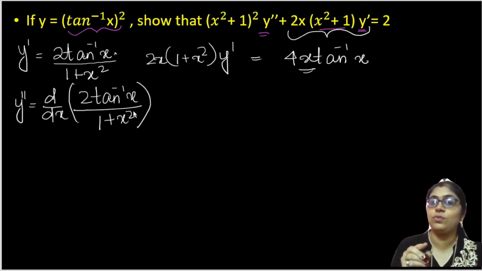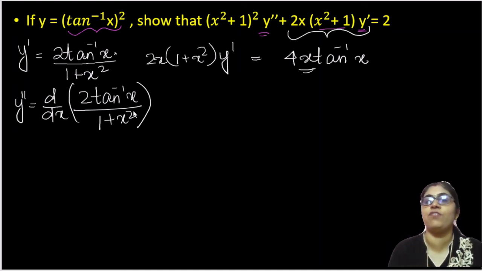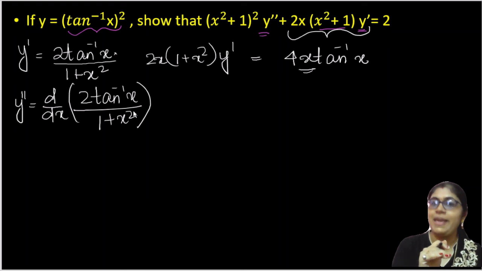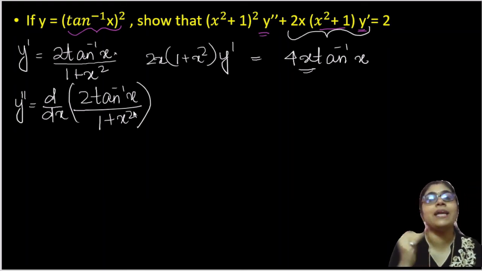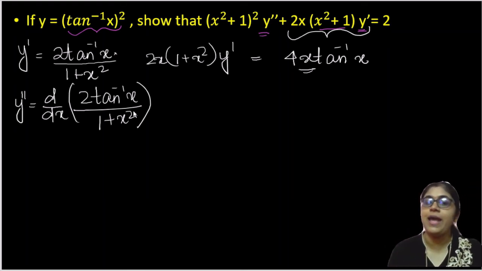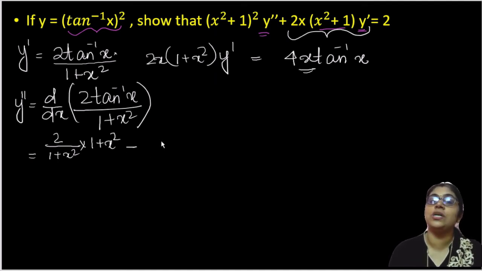Here we have to apply the division or quotient formula, that means the u by v formula. So the answer will be u dash v minus v dash u divided by v square. So u dash v, u is 2 tan inverse x, so 2 by 1 plus x square into v, that is 1 plus x square, minus v dash u.